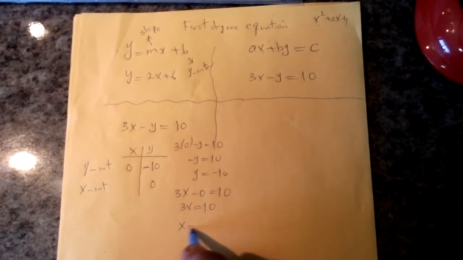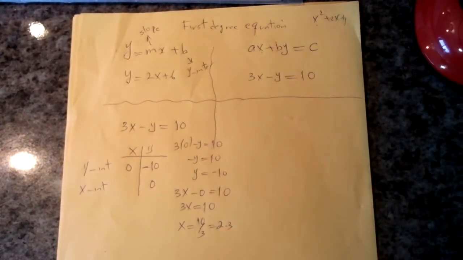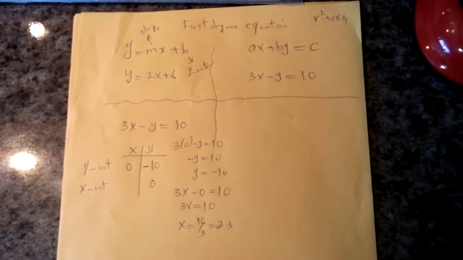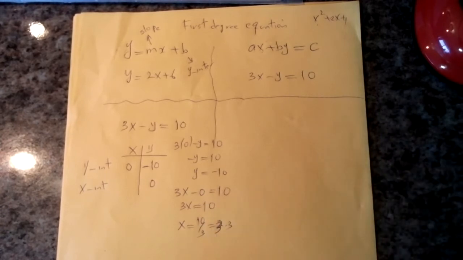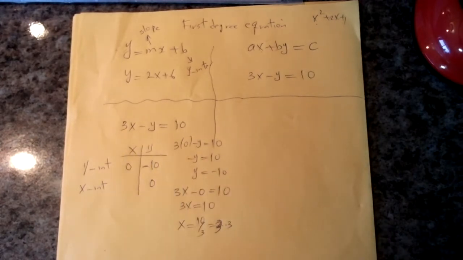So x gives you a decimal value, which is 3.3. Okay. So that's how to graph an equation when it is written in this form.